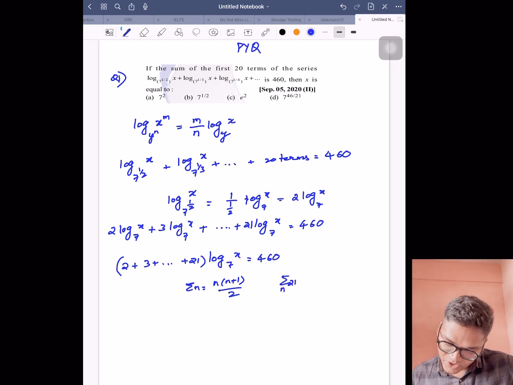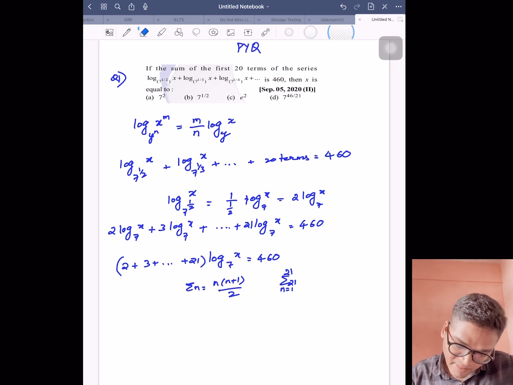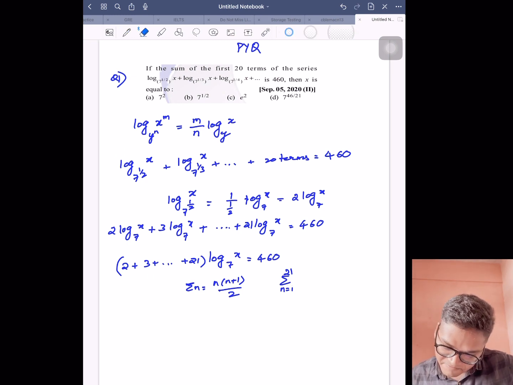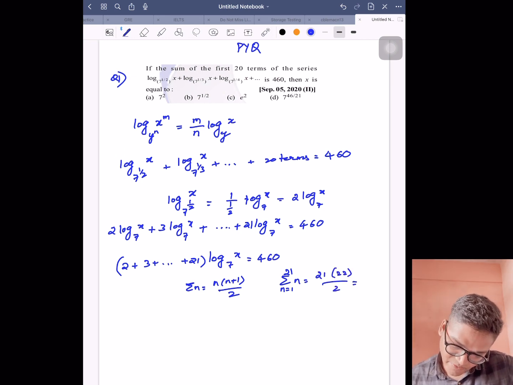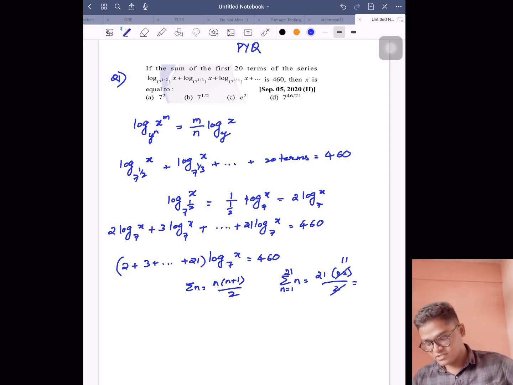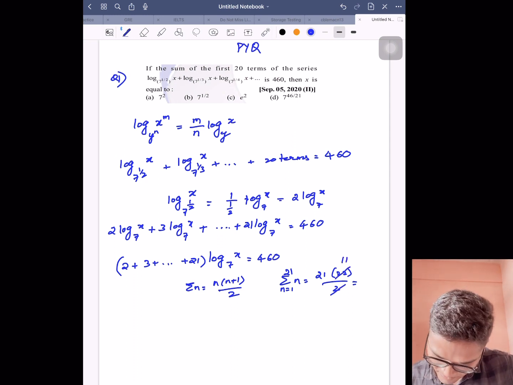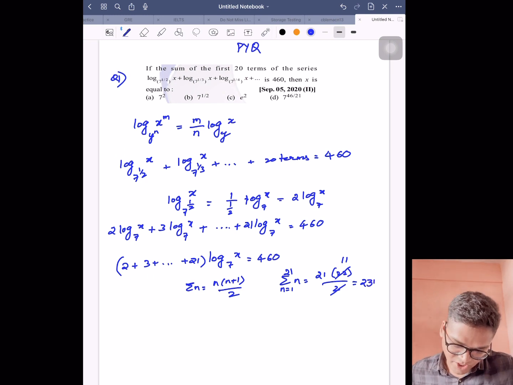n equal to 1 to 21, sigma n I'm going to apply. So how much are you going to get here? 21 into 22 by 2, which is equal to 21 into 11, 231, I think, right? Yeah. So 231 you are going to get.